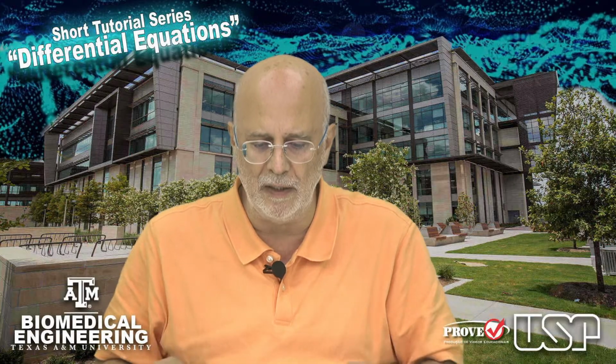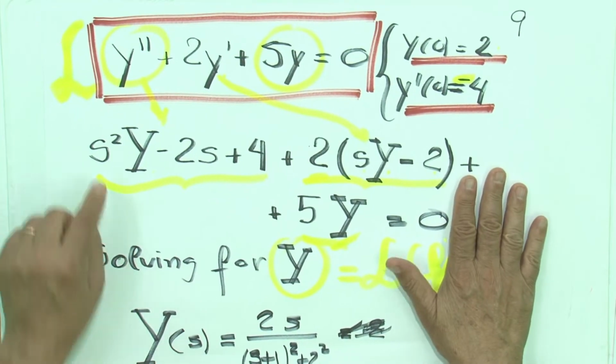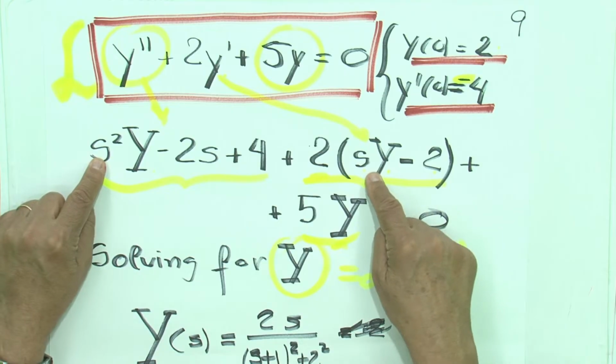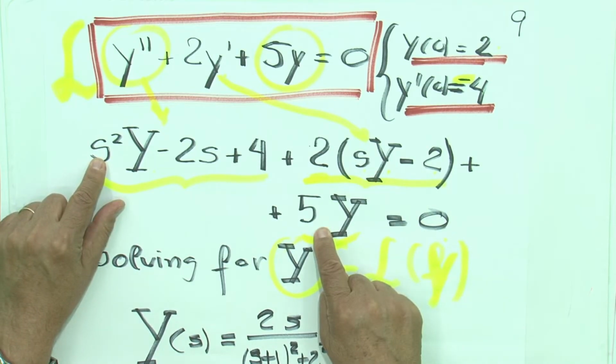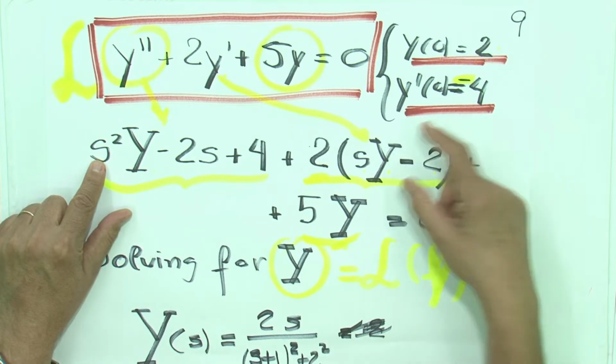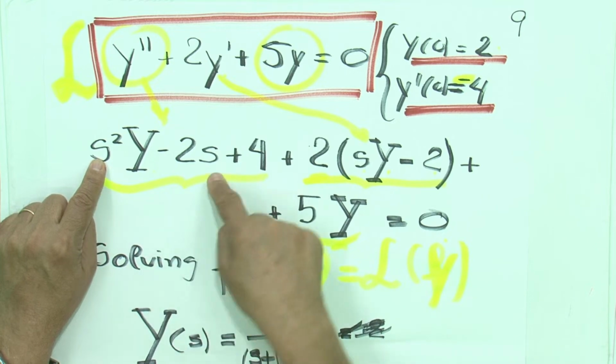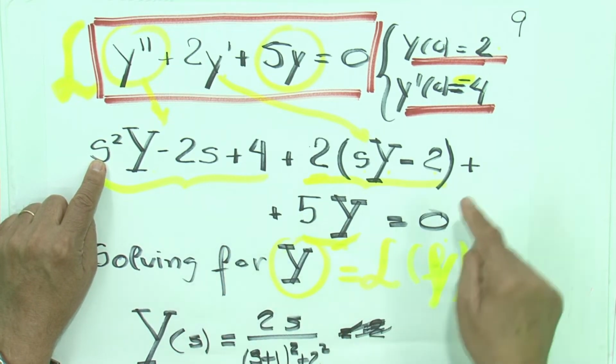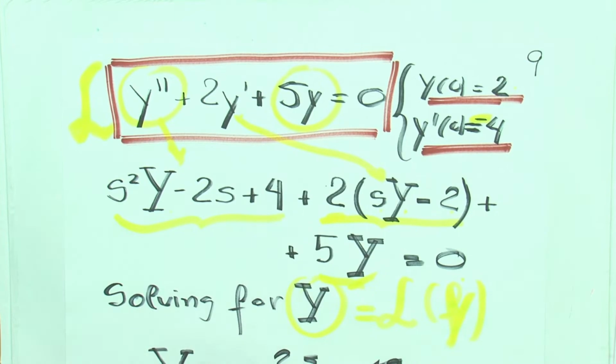Solving this equation, we're going to have s squared plus 2s plus 5 multiplying capital Y, and then this whole thing will be equal to 2s minus 4 on the other side.